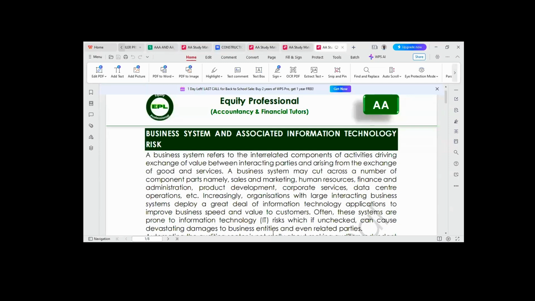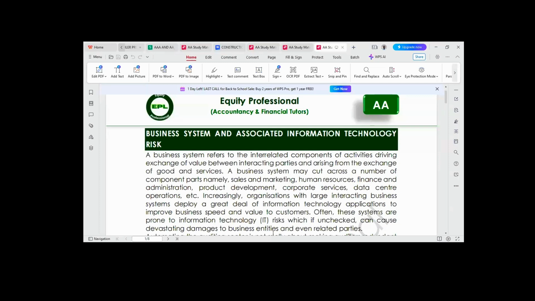So that anytime exam comes and you see questions on these areas, you can easily tackle those questions and get your cheap marks and go. Because most times questions on this area are very straightforward and direct. It doesn't need you to beat about the bush. Just answer the way you see. The requirement is always straightforward.